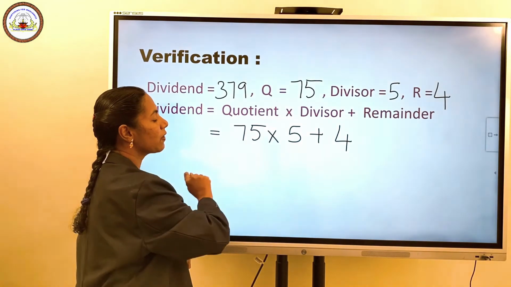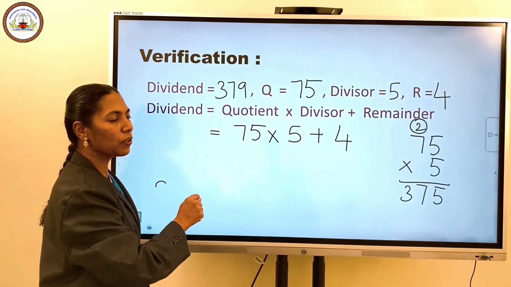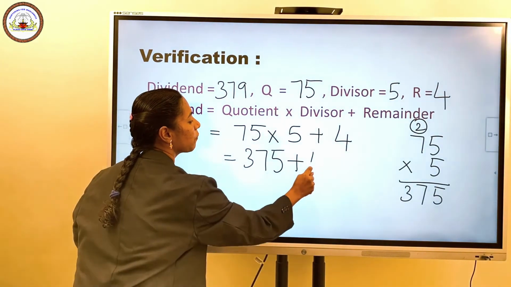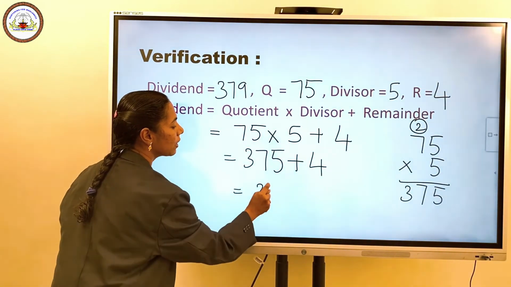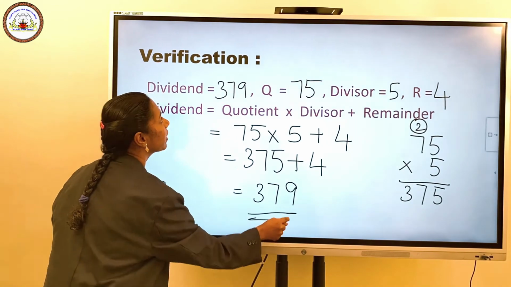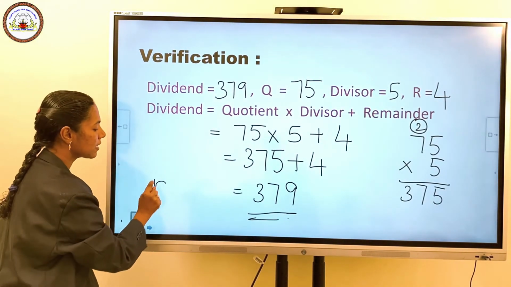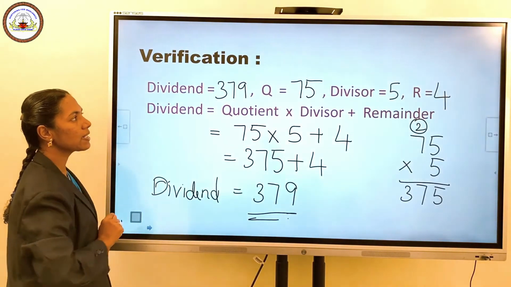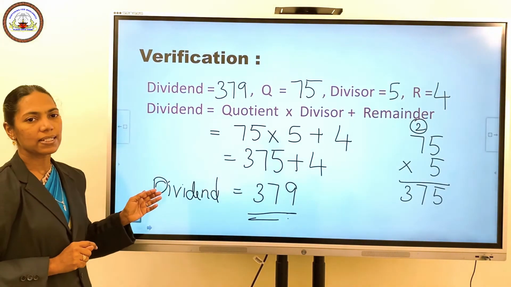First we multiply 75 by 5. 75 into 5 is equal to 375. Now plus 4 is equal to 379. That is our dividend, 379. So our answer is correct.